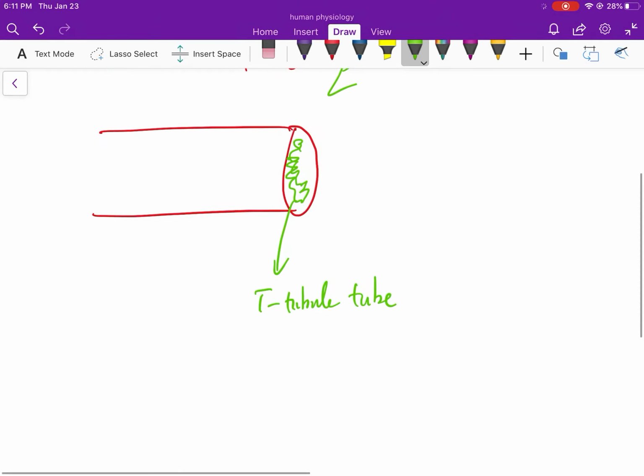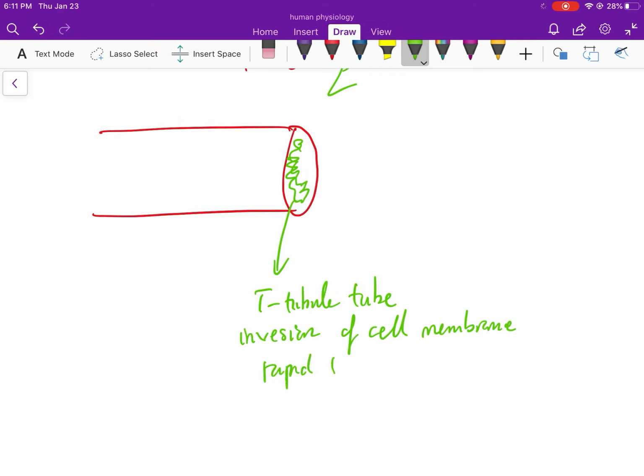These tubes are actually invaginations of the cell membrane, so they act as a rapid transmission for the action potential. If we didn't have the tubes, the action potential would have a harder time reaching and spreading all over the fiber cells.